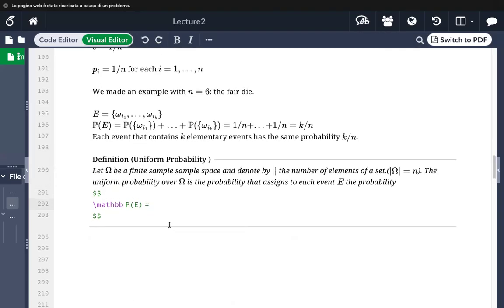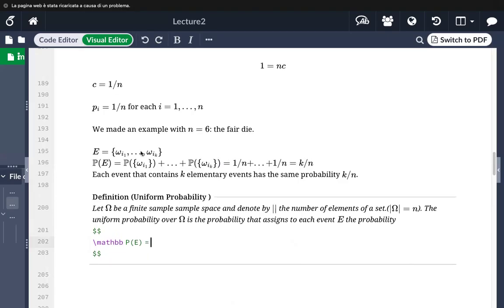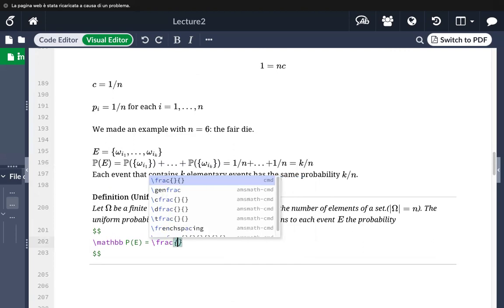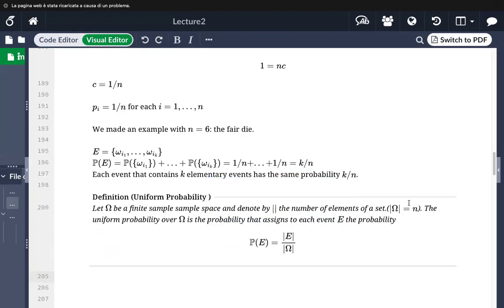Well, it is k divided by n, but k is the number of elements of E and n is the number of elements of omega. So we can write it in this way: the number of elements of E divided by the number of elements of omega.